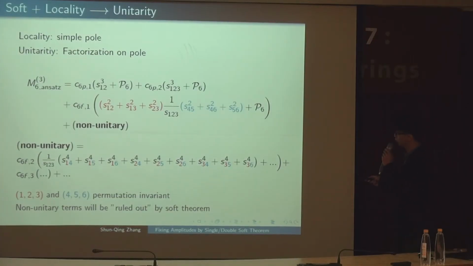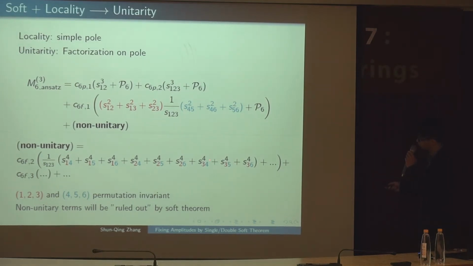Okay. Here I allow simple locality, then I can write down the numerators. Here I consider six points. The numerator can be two four-point amplitudes, so this is just S squared plus T squared plus U squared four-point amplitude. This is what we mean by unitary. But of course I can put other terms in the numerator, like this one.